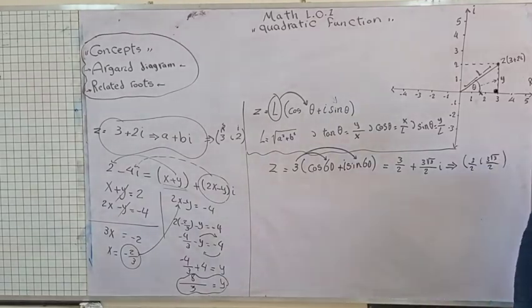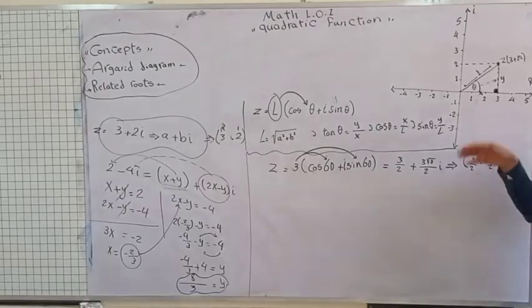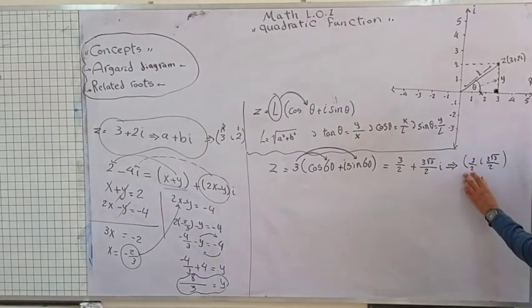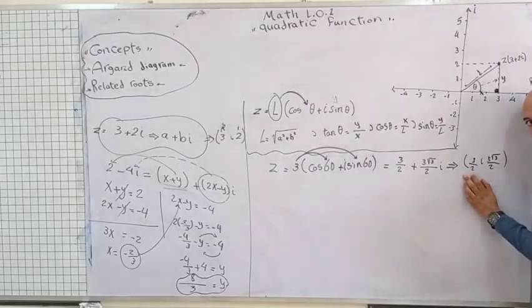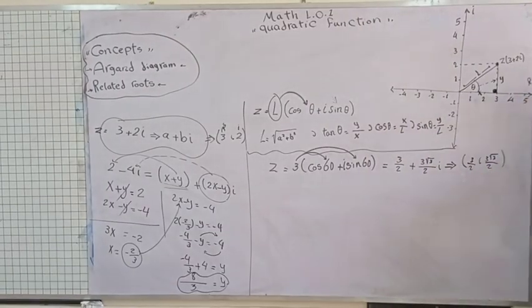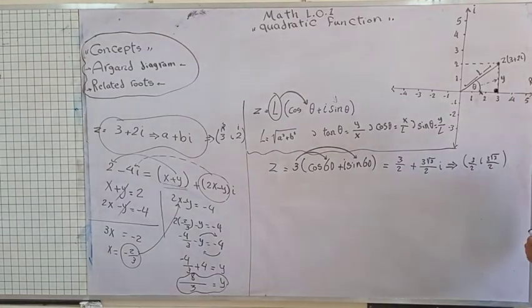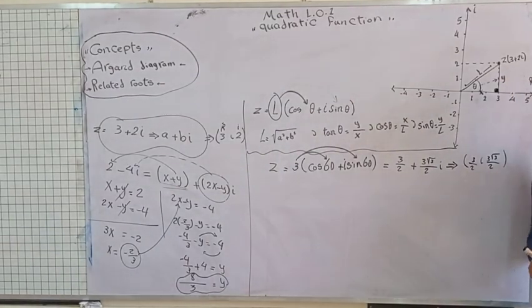We can also represent it in Argand diagram. The x coordinate is 3 over 2 and the y coordinate equals 3 root 3 over 2. That will be a point in Argand diagram.